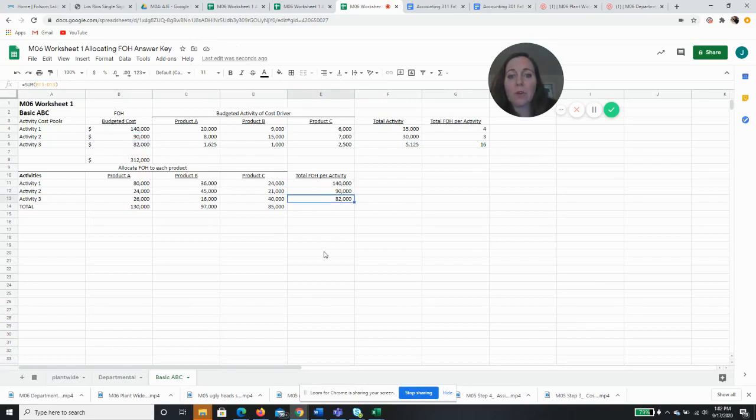We've allocated a total of $82,000 related to activity 3, which is exactly what we wanted to allocate. Finally, I'm going to add all of these up. The total amount of factory overhead that I've allocated is $312,000, which was the sum of all of our factory overhead here. So we have successfully allocated all of our factory overhead using activity-based costing.